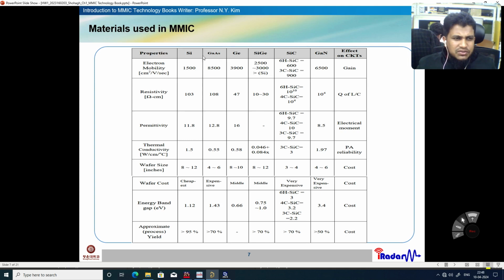Among them we already mentioned in tabular form silicon, gallium arsenide, silicon carbide, gallium nitride. We mentioned how much effect on circuit design, gain, which one has more effect. Some parameters I put in here. This type of energy band gap is so costly in the case of circuits.